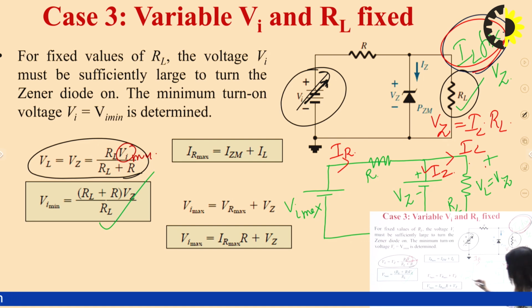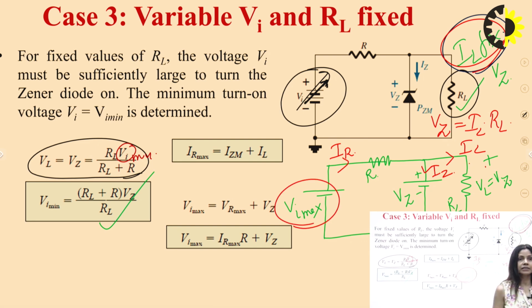Now, when this battery is at Vi maximum, listen to my words carefully. If the battery is at maximum value, it is going to give the maximum current to the circuit. So in this R, IR would be maximum obviously, because the battery is at maximum.